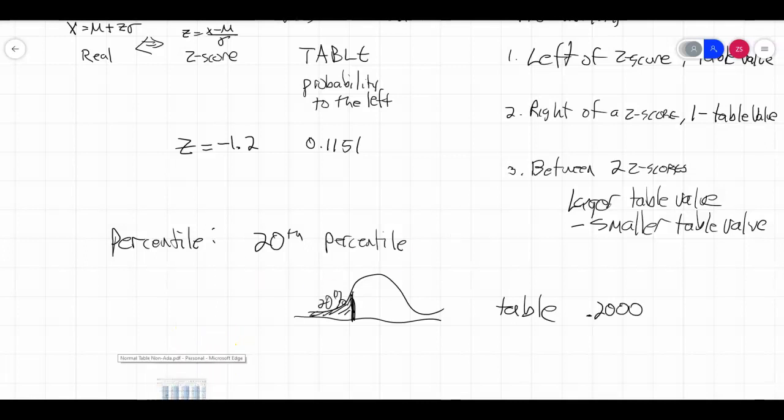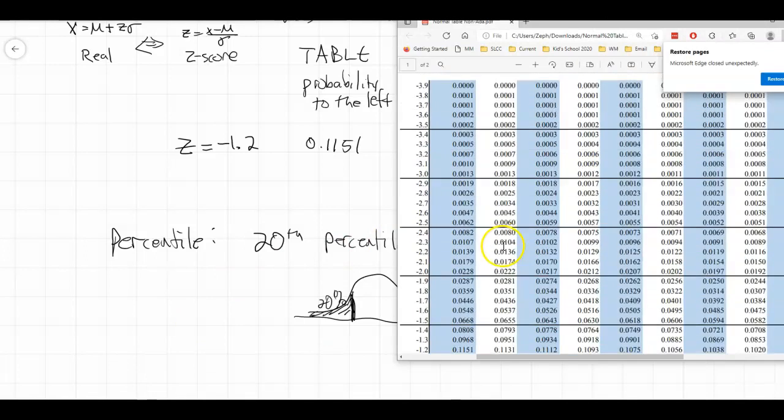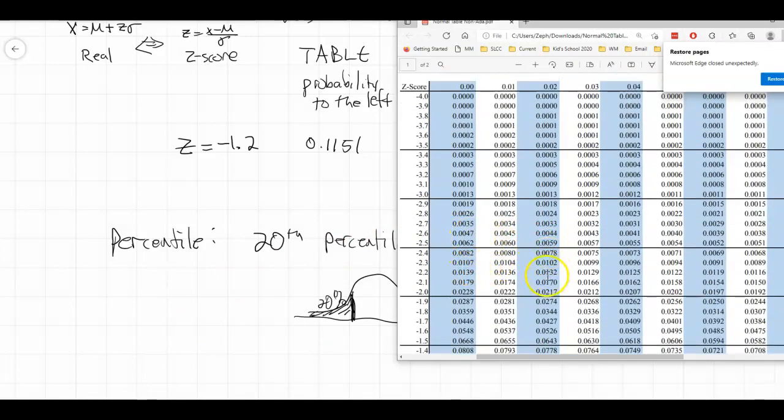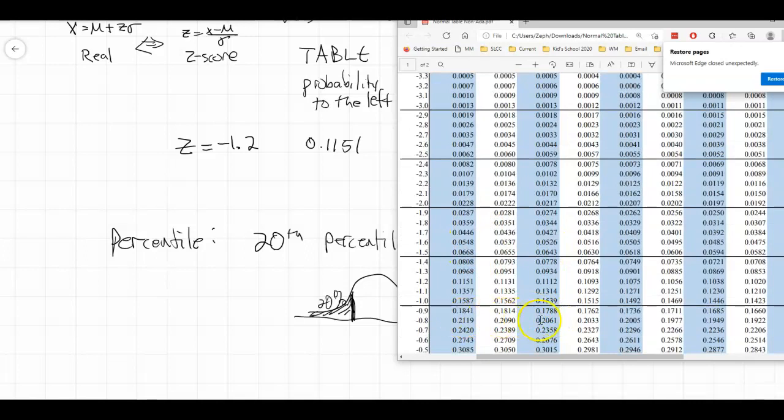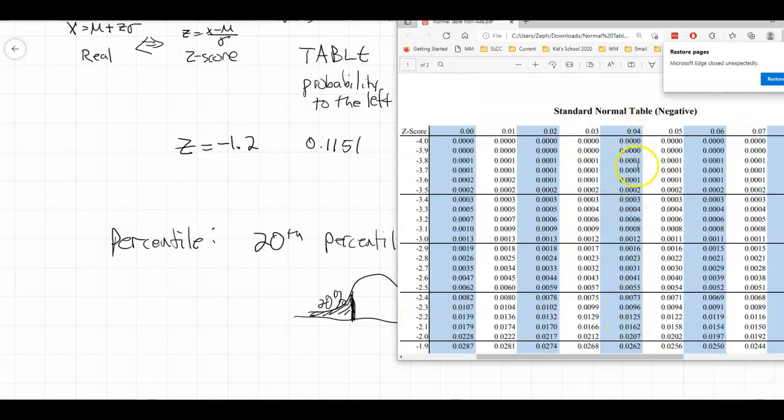So our job is to go into the z-score table and look around until we find 0.2. And it won't be perfect because there's no exact 0.2, but there is a 0.2005. That's the closest, so we go with its z-score. That's negative 0.84.